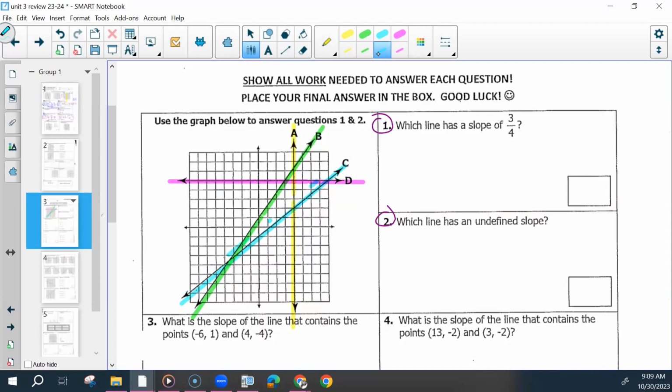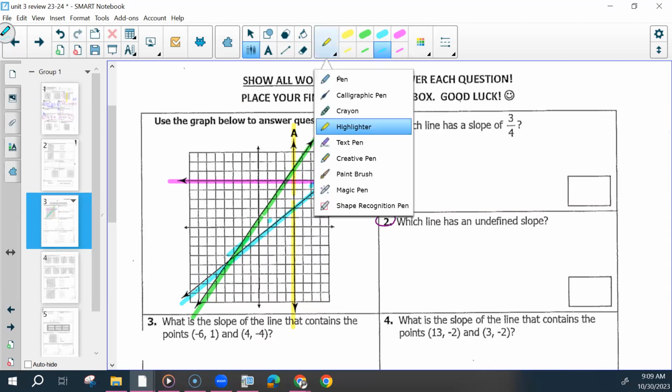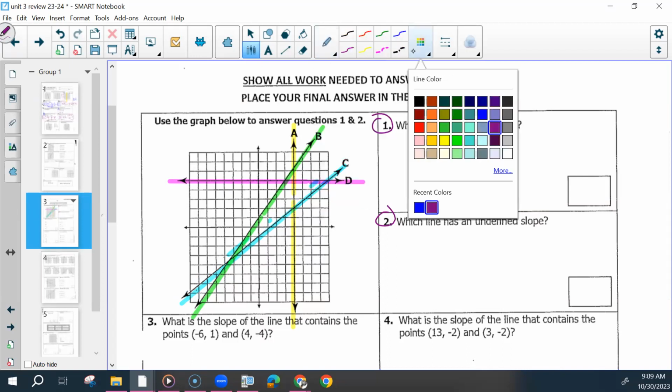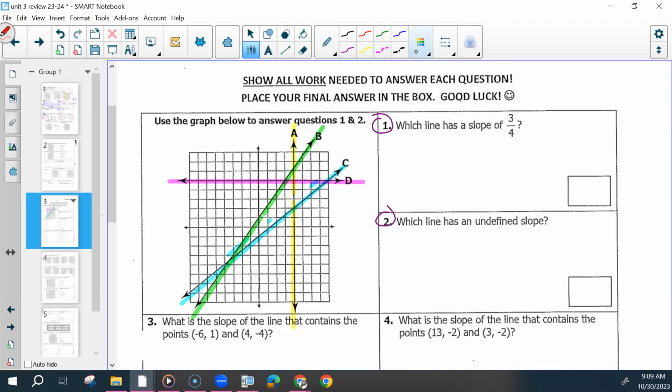Trying to fix it. So number 1 is asking which of these lines have a slope of 3/4. Well, it can't be A or D, so it has to be B or C. So we just need to find the slope of these lines. So find points that cross the grid lines exactly, and see which of these is 3/4.